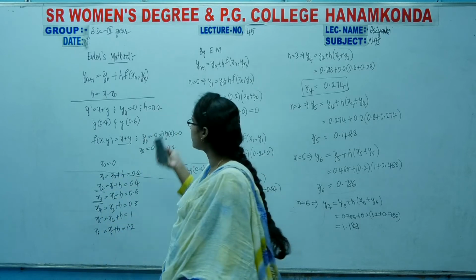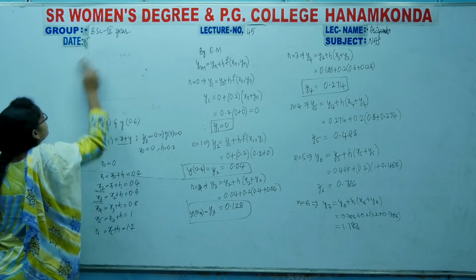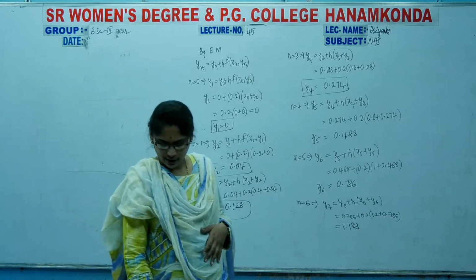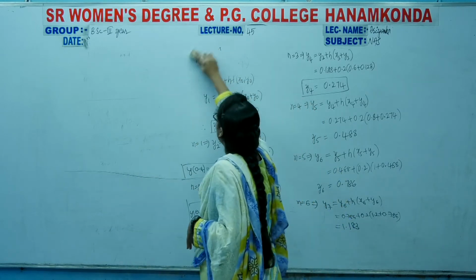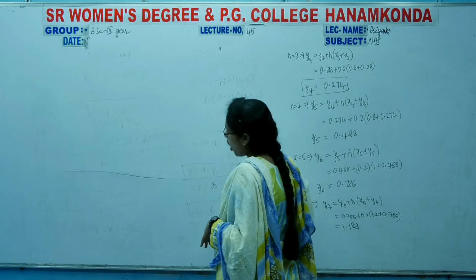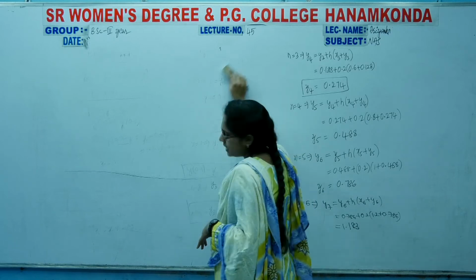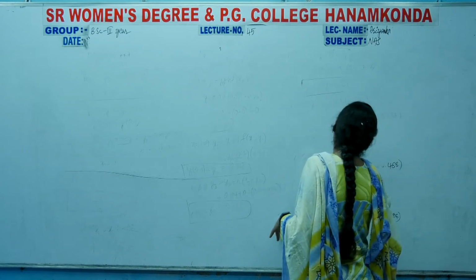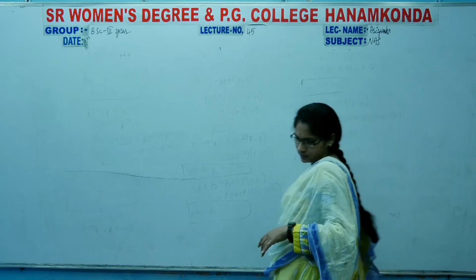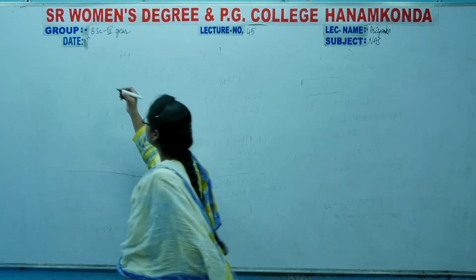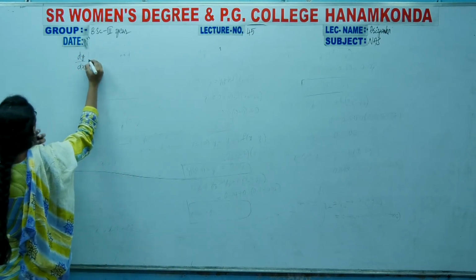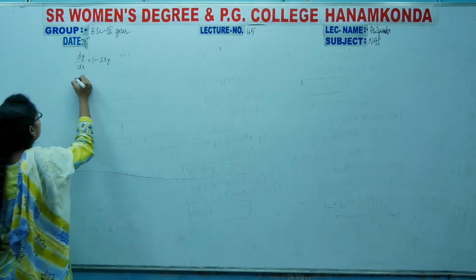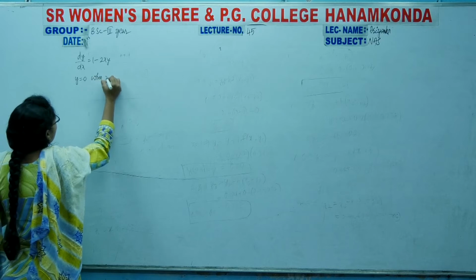Now write down: using Euler's method, find the value of y when x is equal to 0.6 of dy by dx is equal to 1 minus 2xy, given that y equal to 0 when x equal to 0.